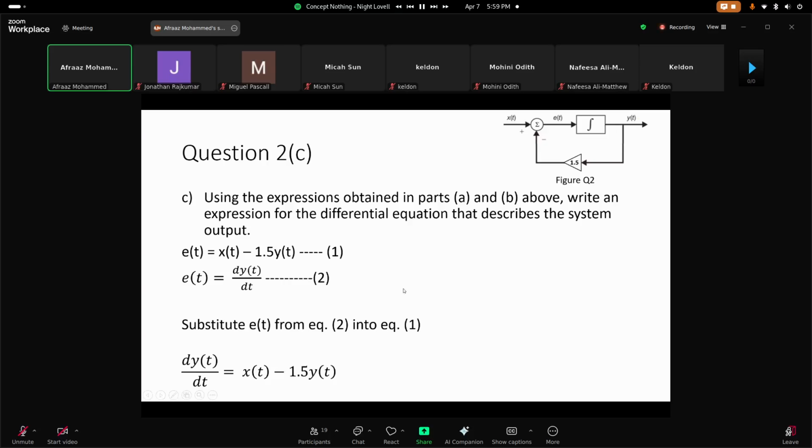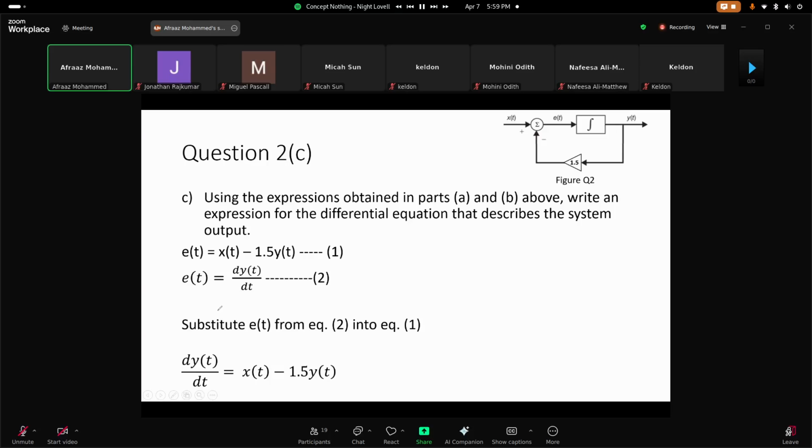Using the expressions from A and B, you have to write the differential equation that describes the system output. For part A, you could label that equation 1, and for part B, that expression, equation 2.